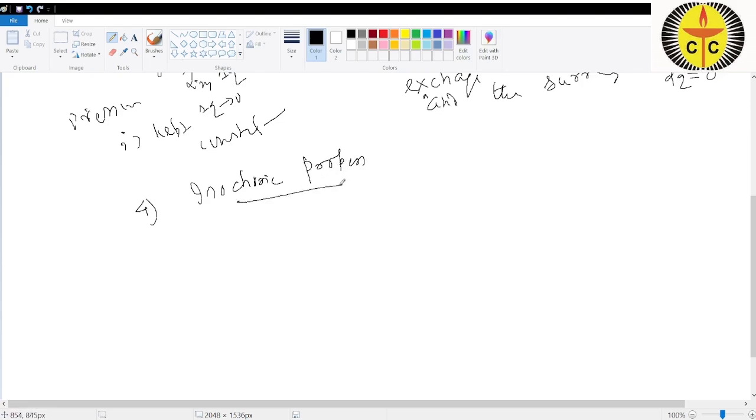This is a type of process in which the volume remains constant throughout the process. V is constant.